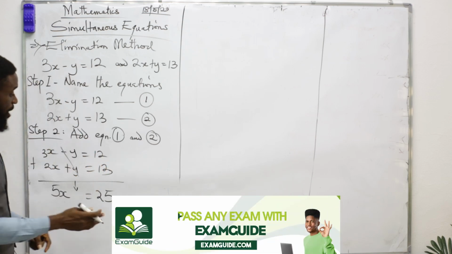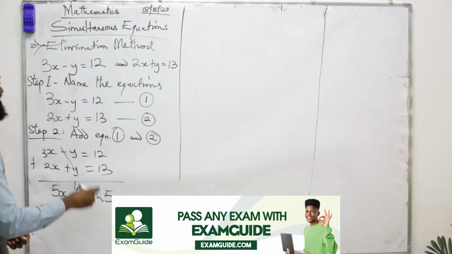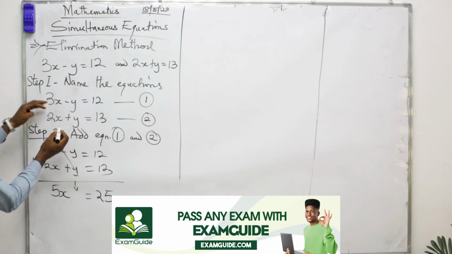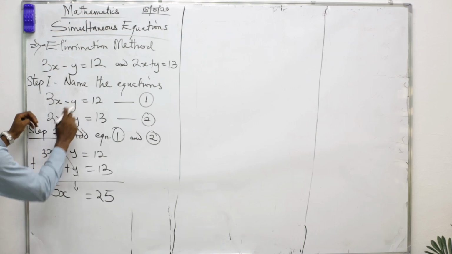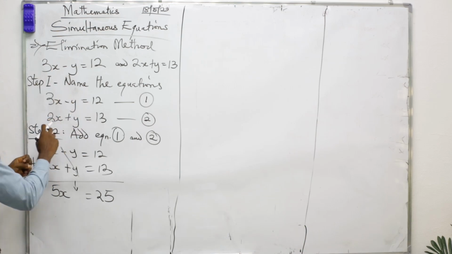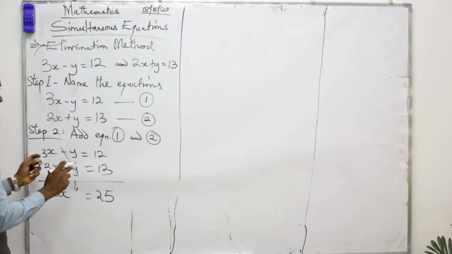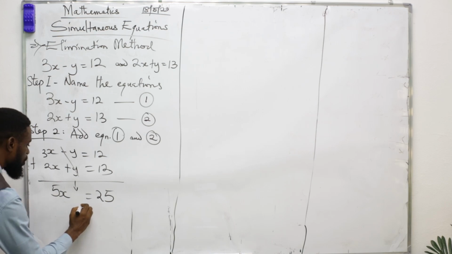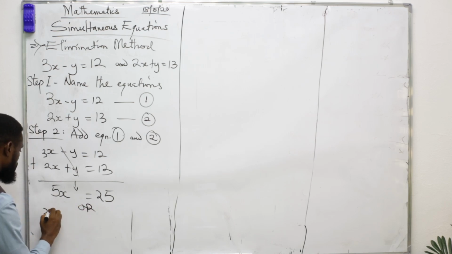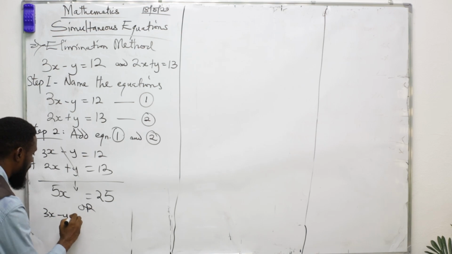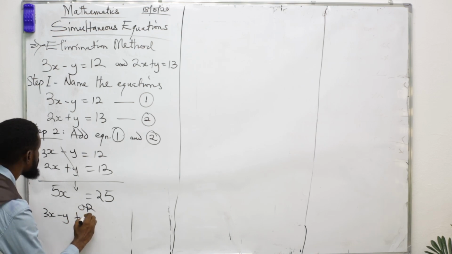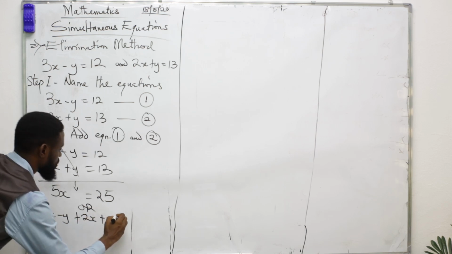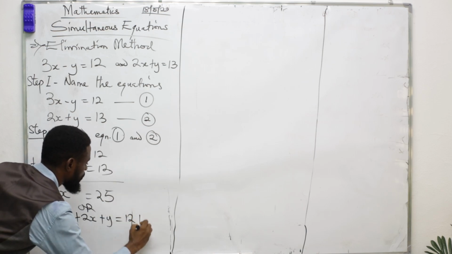So you see we have eliminated y, and what we have here is 5x. Another simple way of doing this is to bring every value here: 3x minus y, plus, we said we are adding, right? Plus this. Do you get the point now? What we mean is 3x minus y plus 2x plus y is equal to 12 plus 13.